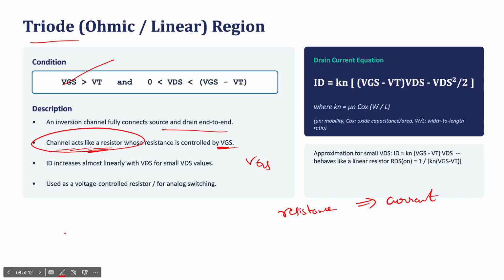If we increase the resistance, the current flow is low. If we reduce the resistance, the current flow will be more. ID increases almost linearly with VDS for small VDS values, and it is used as a voltage controlled resistor for analog switching. It acts like an on switch. So in the triode region, it acts like an on switch.